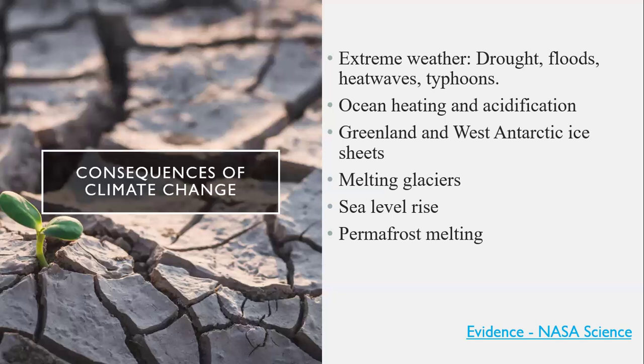Examples include the collapse of Greenland and West Antarctic ice sheets, which could lead to significant sea level rise, leading to flooding and erosion of coastlines. Another example includes the thawing of permafrost, which could release large amounts of methane, which is a potent greenhouse gas.